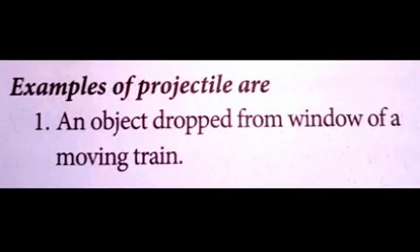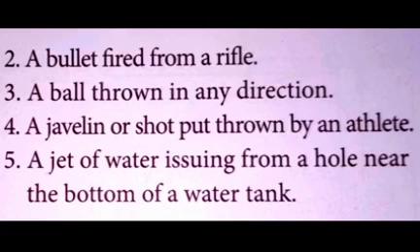Next, see some examples of projectile motion. The first one, an object dropped from a window of a moving train. Now you see the object reaches the ground. The path of the object reaching the ground is known as a projectile. Then second, a bullet fired from a rifle.